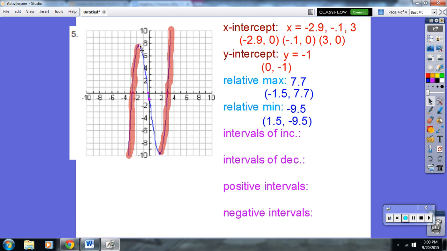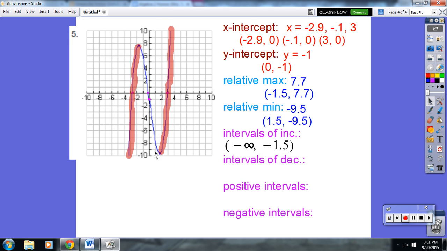You may be tempted to name the y value, but we describe intervals in terms of x. The x value for this point is negative 1.5. So my interval of increase would be negative infinity to negative 1.5. Again, we're using the x values. It starts infinitely to the left and ends right here at this maximum, at x equals negative 1.5.